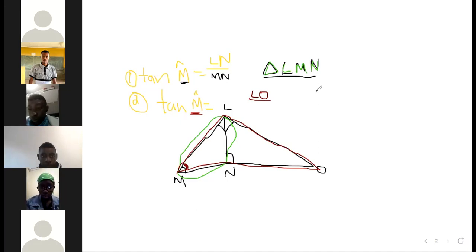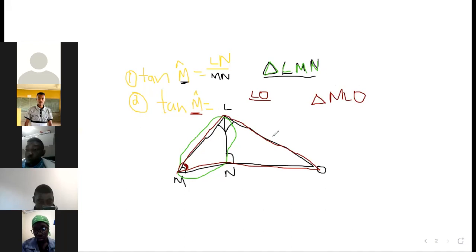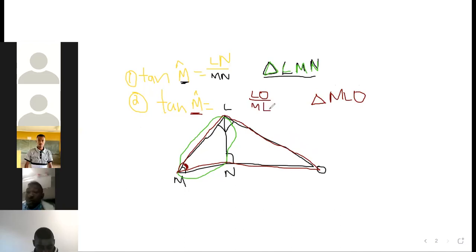In triangle MLO. So M, the tangent of M, it's LO over what? Okay, so it's going to be LO over ML.